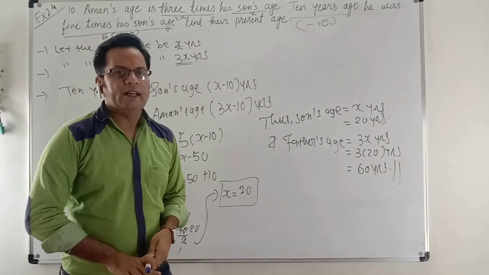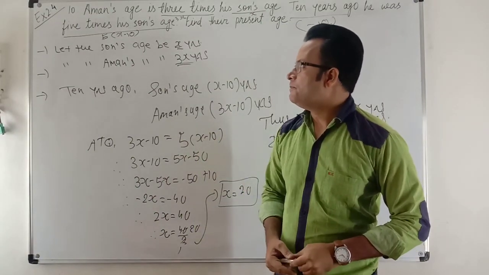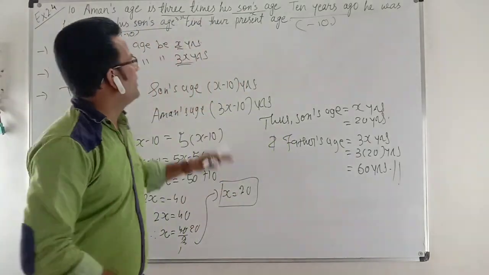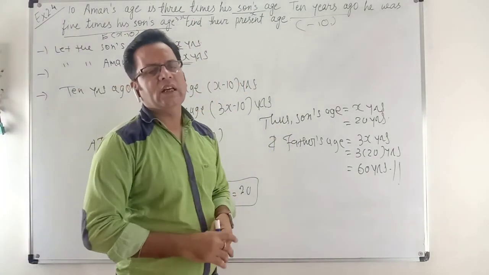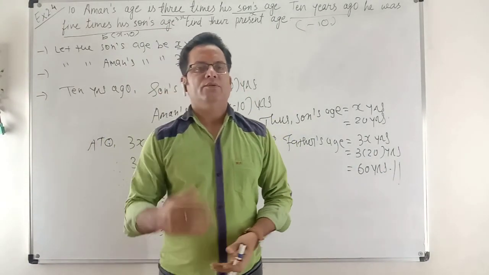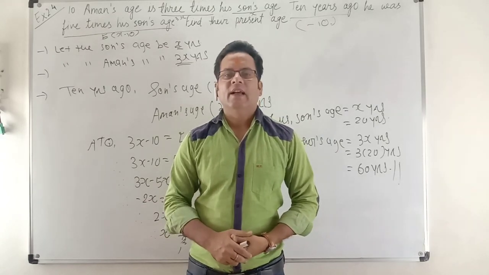So this is the way that after finding the value of variables, you have to make substitution. So this is all about exercise 2.4, which we have now completed. Here I have taken some ILP sums to boost your confidence. You should also apply your hands for the same. Just take a look.